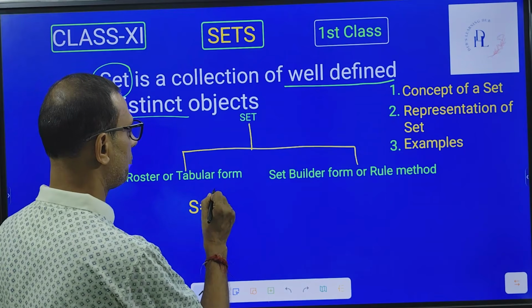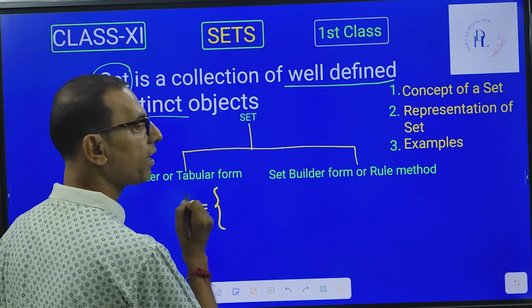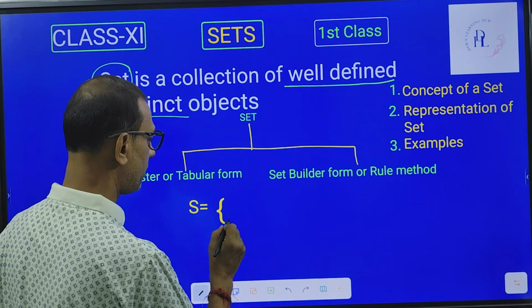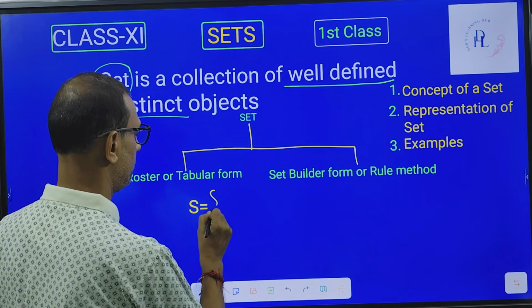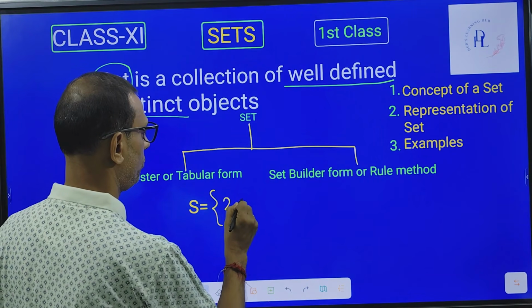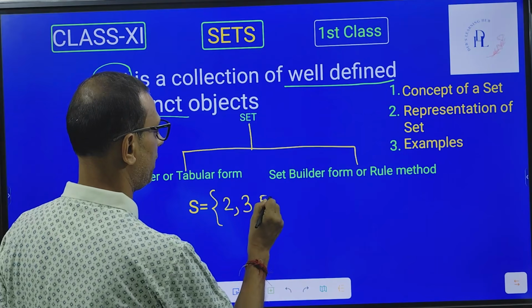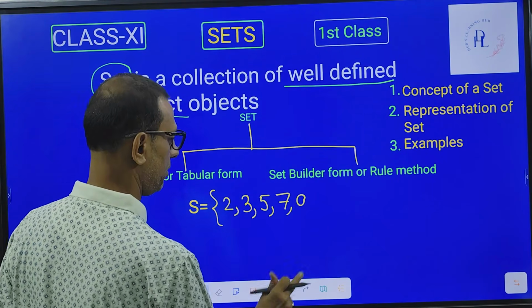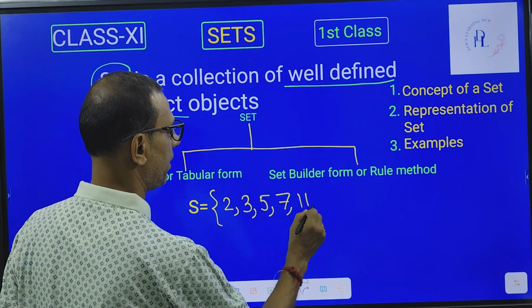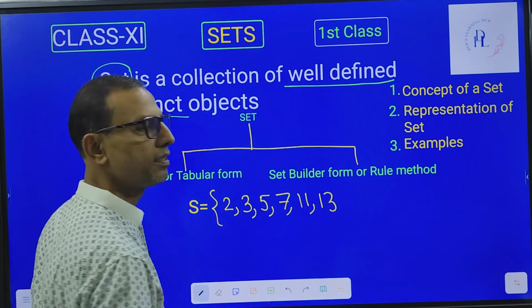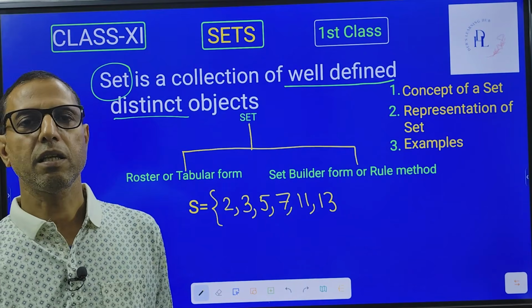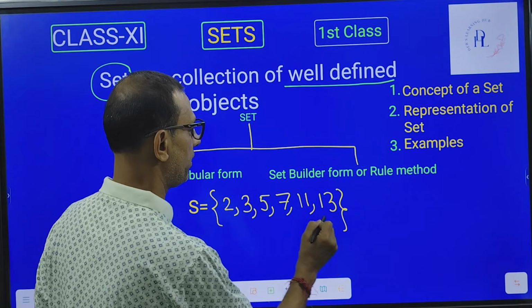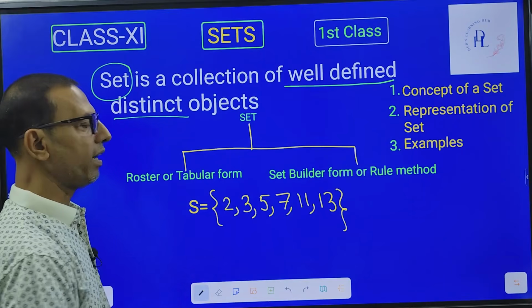These are the prime numbers you need to write down within a curly bracket and with commas.